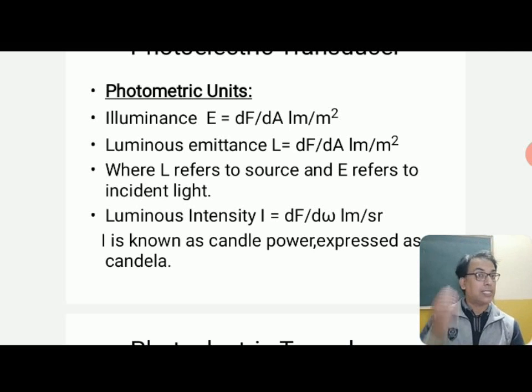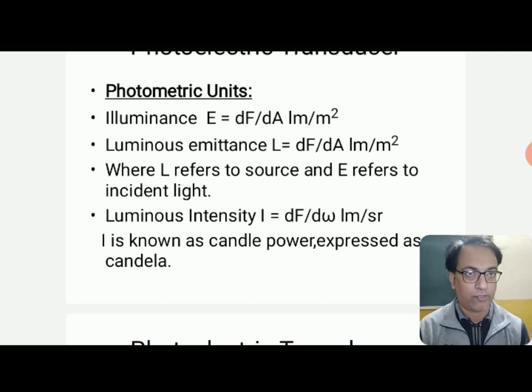Now, luminous intensity is luminous flux per unit solid angle, which is dF by d omega, and it is given by lumen per steradian.